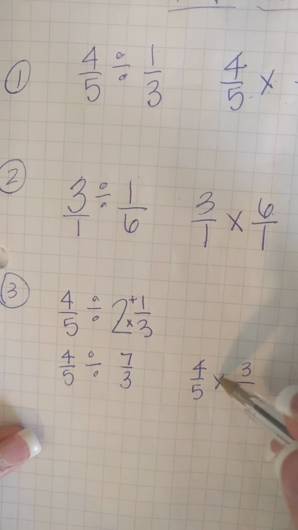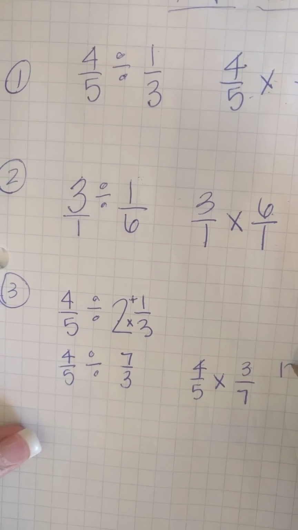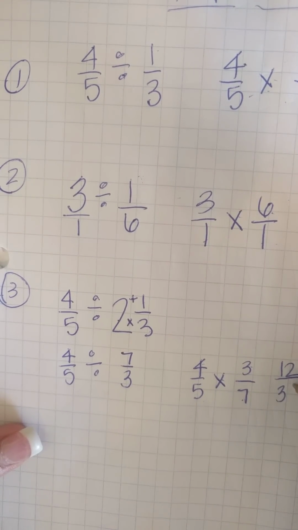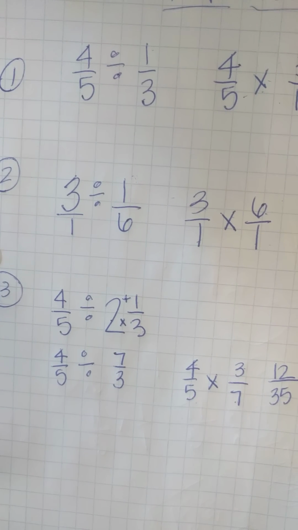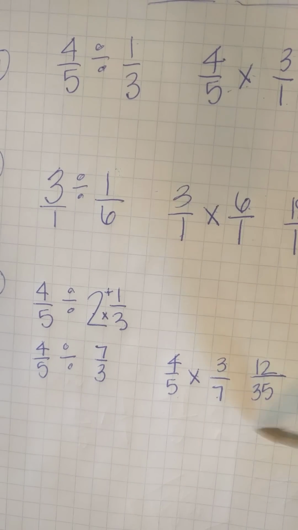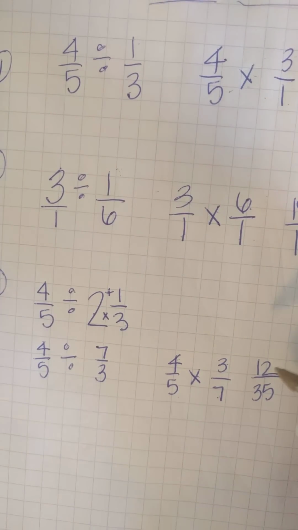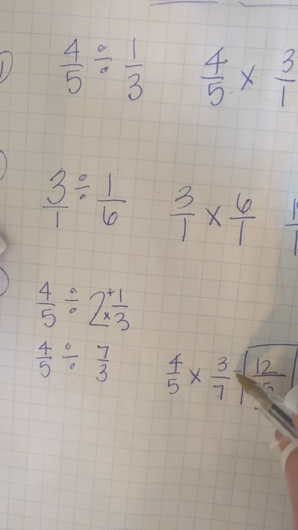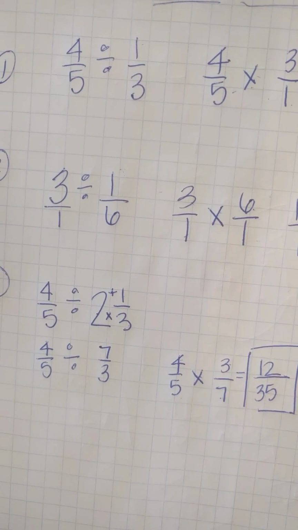Now top times top, 4 times 3 is 12, and 5 times 7 is 35. Let's look at this. Do we think we can simplify this at all before we circle it as our answer? Nope, I can't simplify that anymore. Okay, so this is going to be my final answer, 12 over 35.